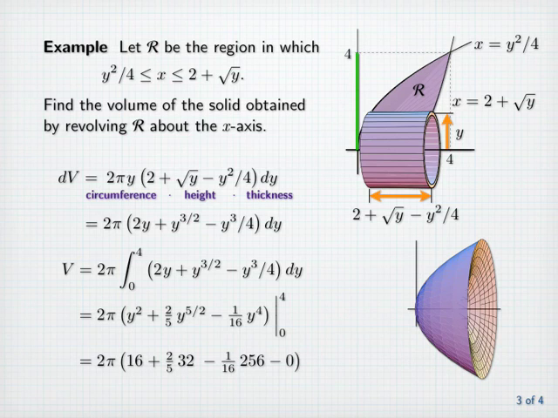Now notice that 1/16 of 256 is 16, and so the quantity in parentheses is exactly 2/5 times 32, or 64/5, and 2 pi times that is 128/5 times pi.